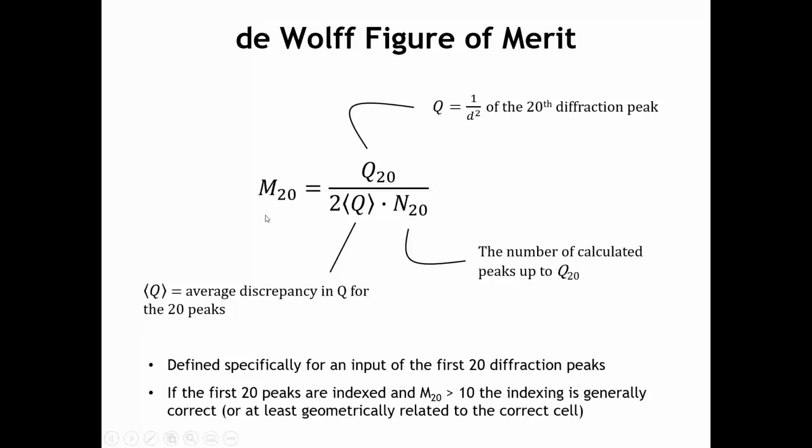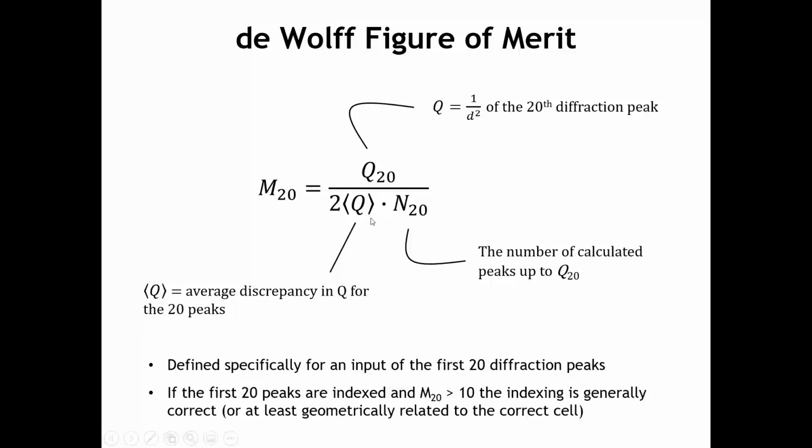And that's given by this de Wolff figure of merit. And the idea here is the figure of merit, which is called M20, is based on the input of the first 20 diffraction lines in your pattern. The numerator, Q20, is just the Q value, that is the 1 over d squared of the 20th diffraction peak. So you can easily calculate that from its 2 theta value.